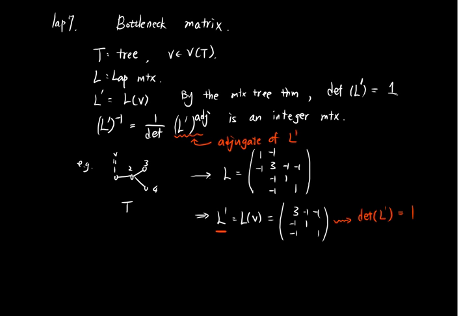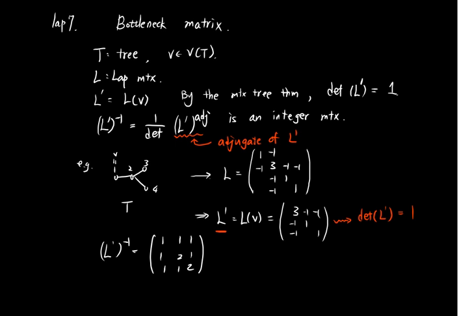I cheated a little bit because I calculated beforehand. But if you believe me, the inverse of this matrix looks like this. And as I claimed before, all of the entries of this matrix are integers. And this is not so usual.